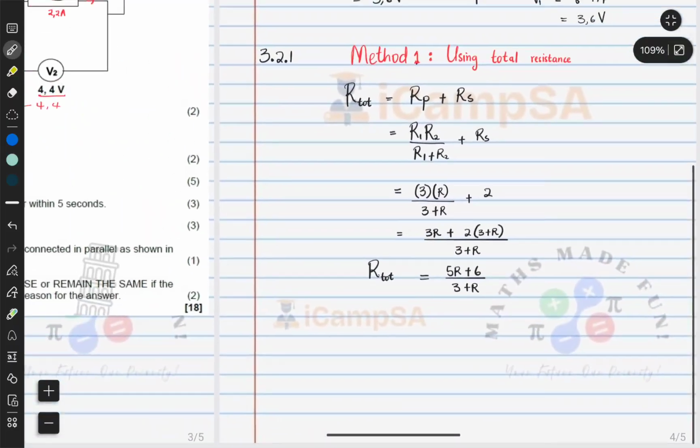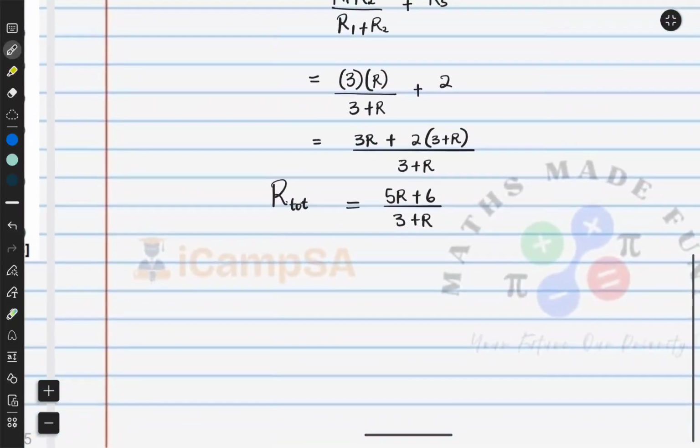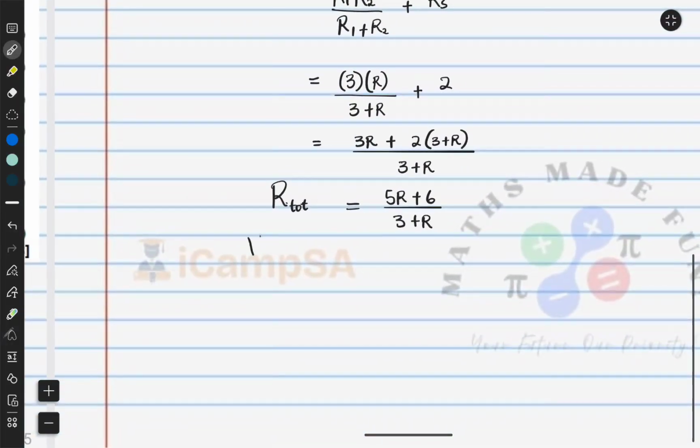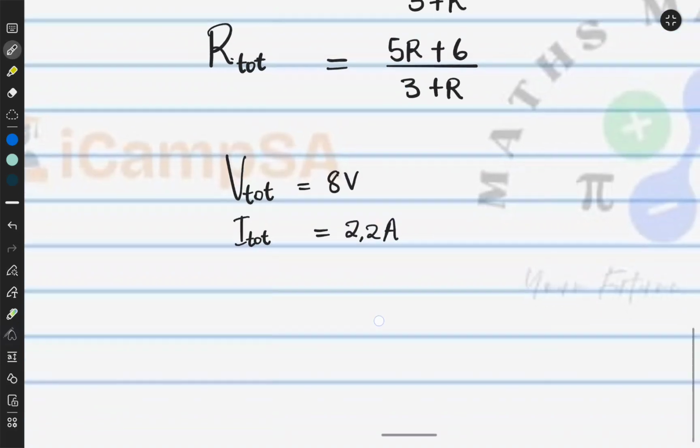Okay, now what I can do now is I know my V tot. Remember, my V tot is 8 volts, whereas my I tot, which is my total current, is 2.2 amps. So what does this mean for me?